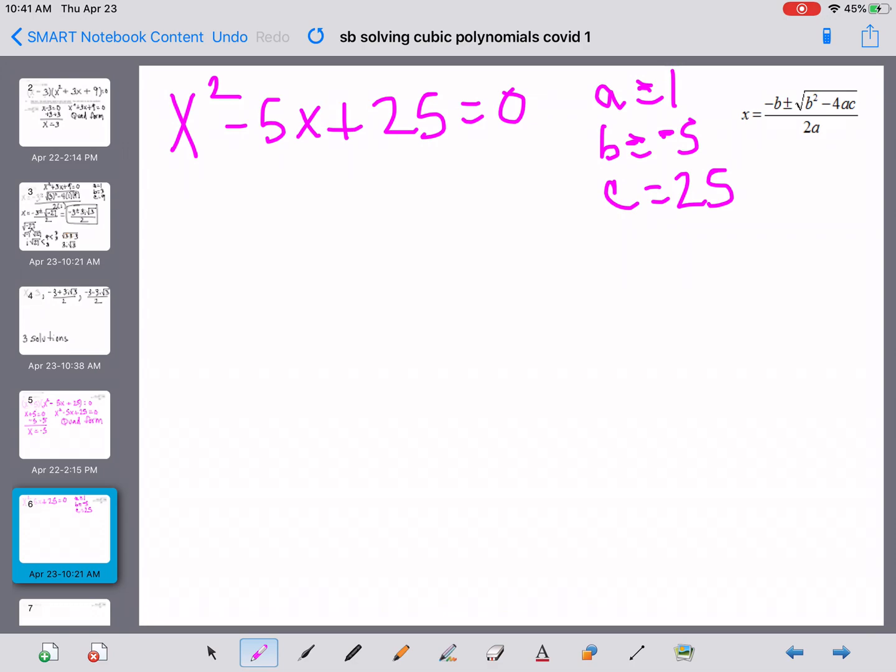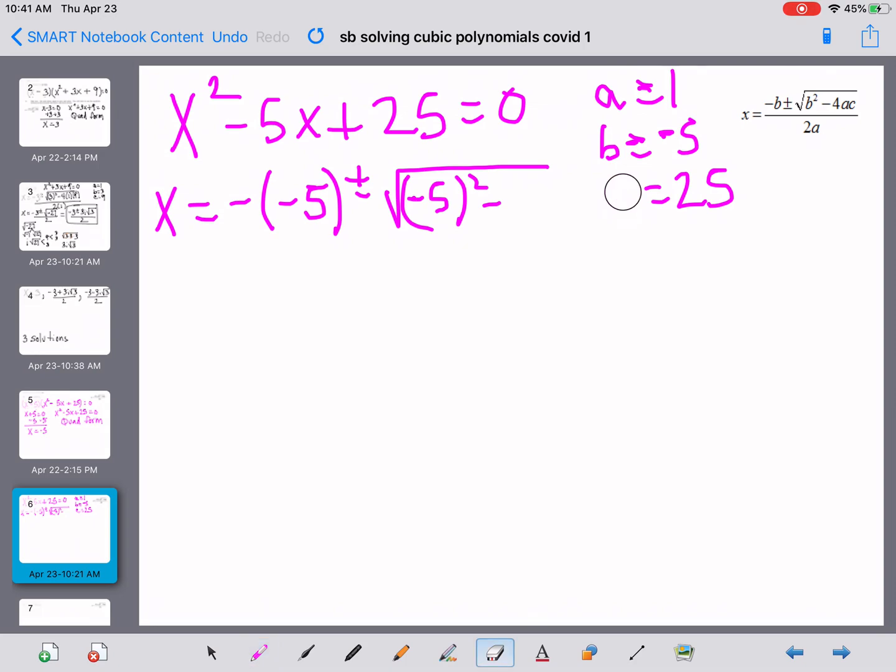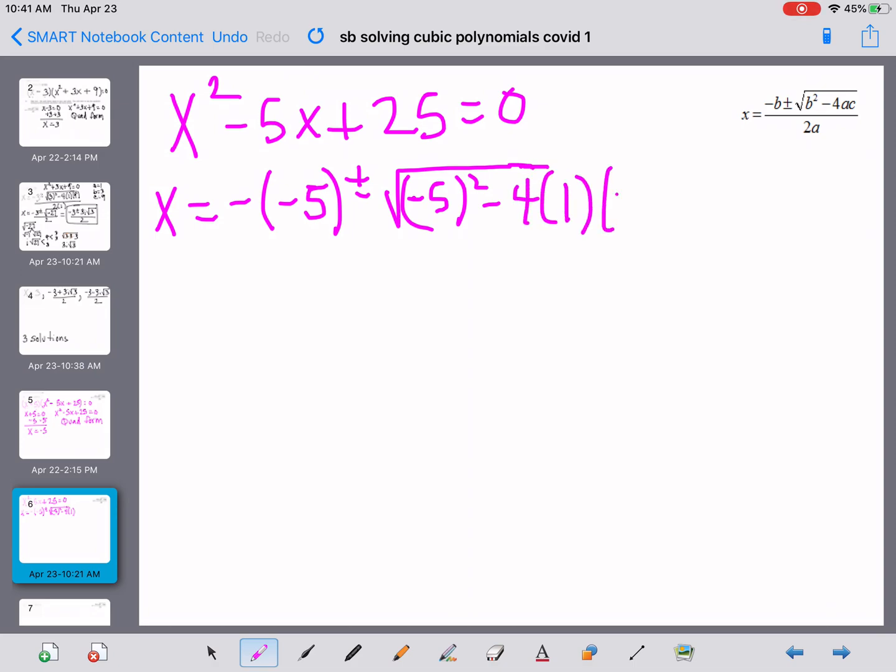But we're going to fill this in. So x equals the opposite of b, plus or minus the square root of b squared minus, I'm going to have to erase here for a second so I've got enough space, minus 4 times a times c, all divided by 2 times a.